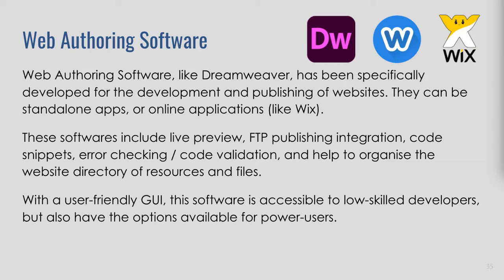This software is usually accessible to low-skilled developers, but also has the option for power users who would like to work in an advanced format in the code. So there are two software types, web authoring and word processing softwares.